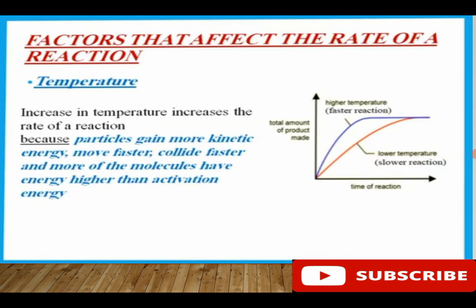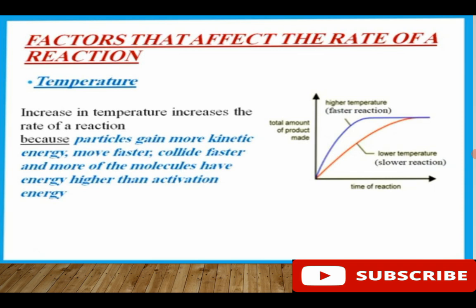All right. So what are the factors that affect the rate of a chemical reaction? I'm sure you already postulated this or thought about it. All right. So one of the factors that affect the rate of chemical reaction is the temperature. Remember, temperature is a measure of the degree of coldness or hotness of matter.